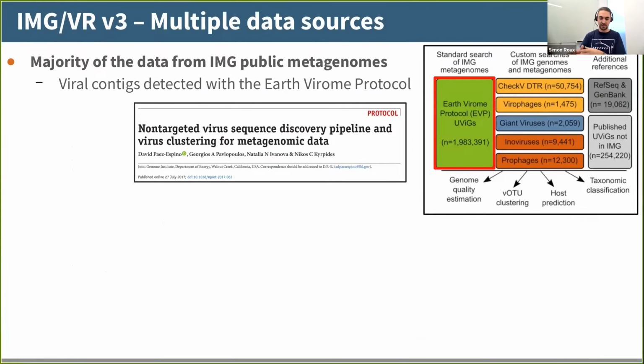At this point, we have not yet switched to another virus detection tool, for a number of reasons that I'm happy to discuss later if anyone is curious. But if you look at all the IMGVR data represented as these boxes on the right panel, 1.9 million of the 2.3 million come from viral contigs detected with this Hertz virome protocol from IMG public metagenomes.